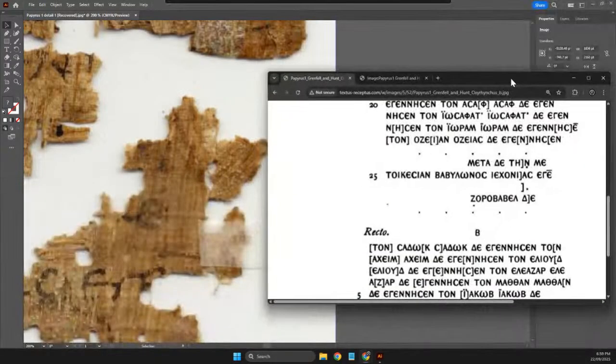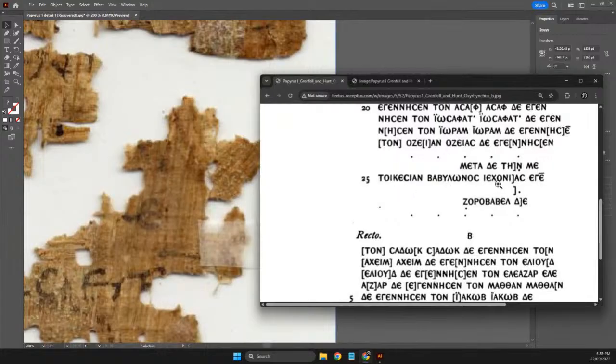So they're saying this is Yekanias down here. So that would be Isaiah. So then it would have Yoram. So it could be the moo. It does seem like a moo there, doesn't it?